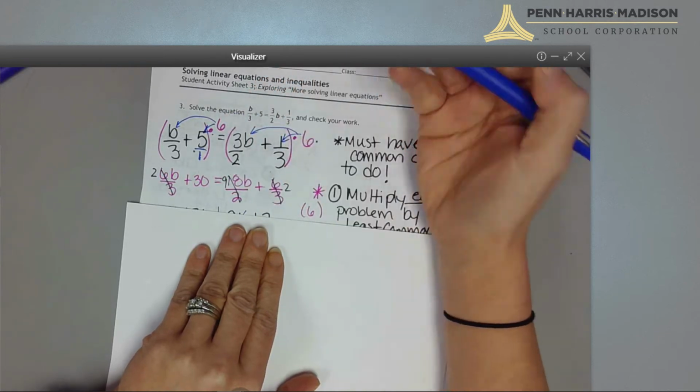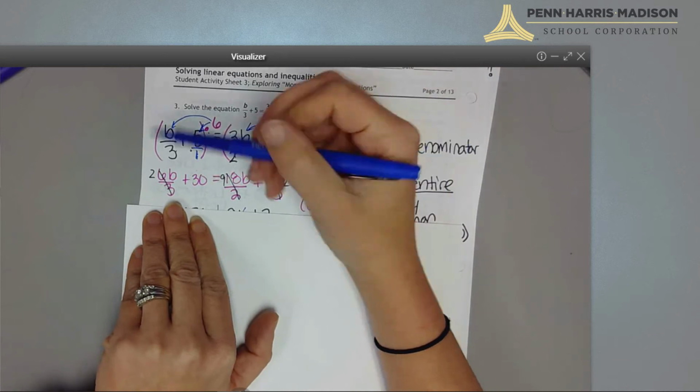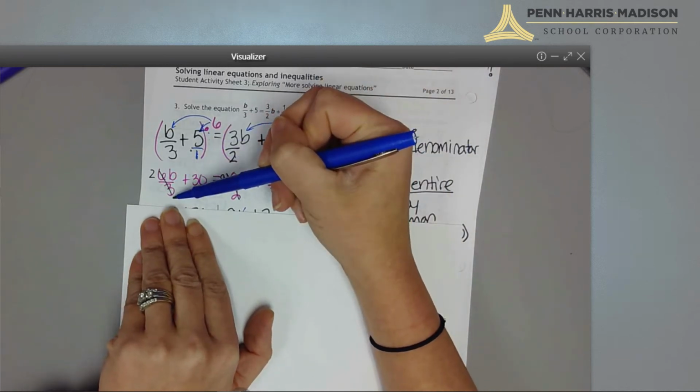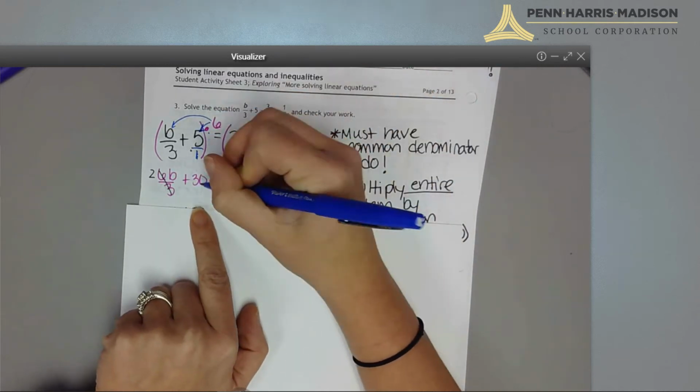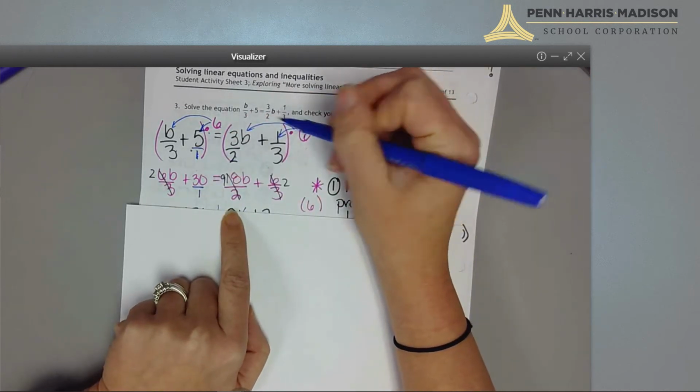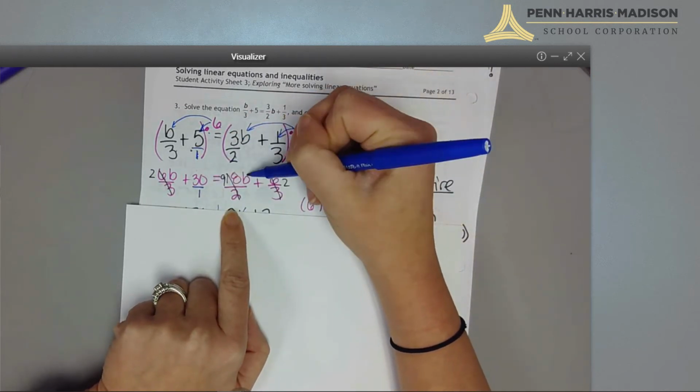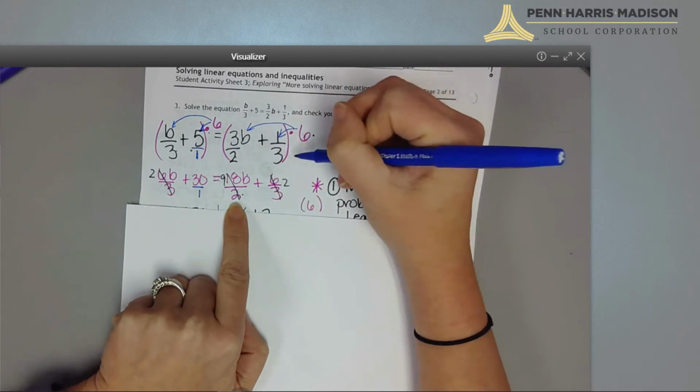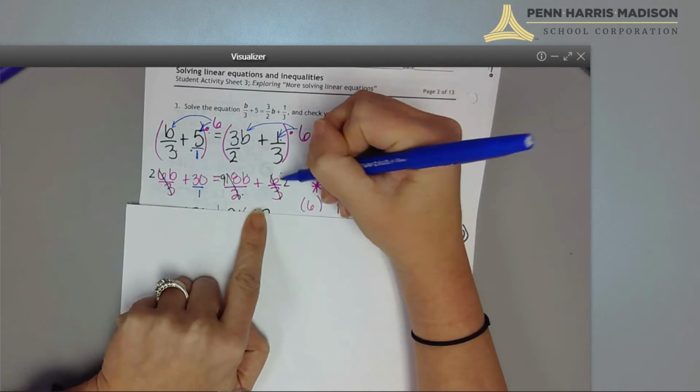Let's leave that bottom number there. When I multiply it, I get 6b over 3, plus 30. If you want, you can put a 1 there. 6 times 3b is 18. Put that 2 there. And 6 times 1 is 6 over 3.